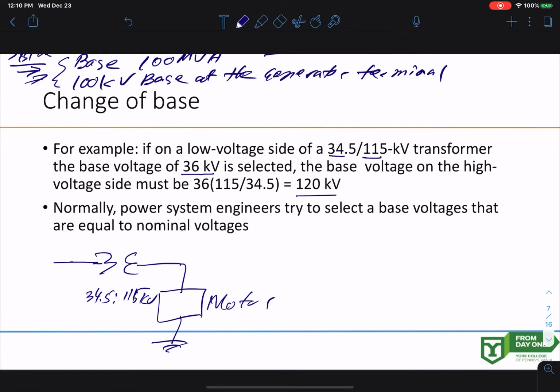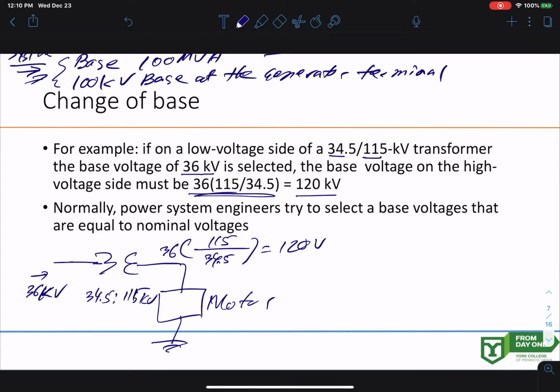Now if 36 kV comes in on this side, what is the voltage over here? That's 36 times the transformer ratio, 115 over 34.5, which will be 120 kV.